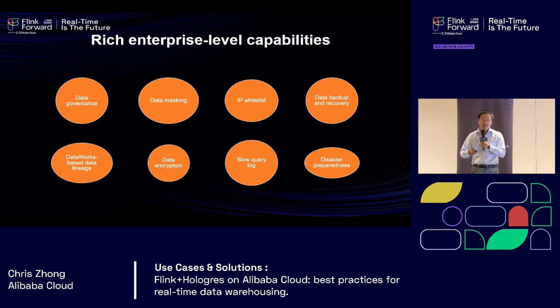We can use this access management to manage the users or roles in the warehouse, like IP whitelist, data access control, and data backup and recovery. For observation and troubleshooting, we also provide log query, which helps explore the root cause of slow queries.